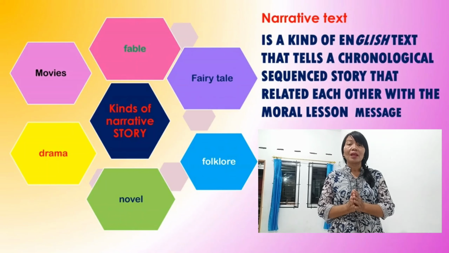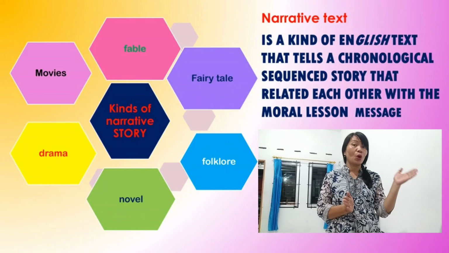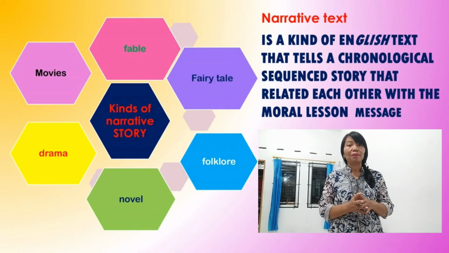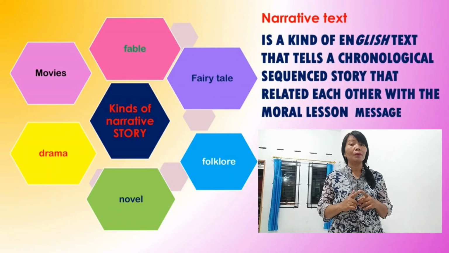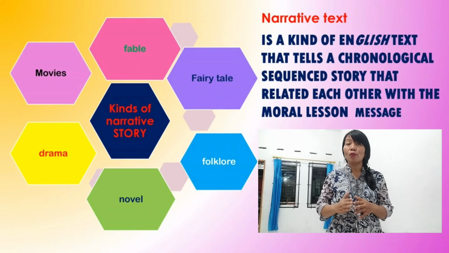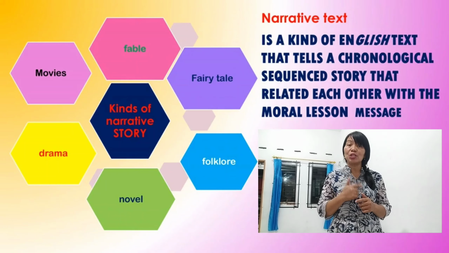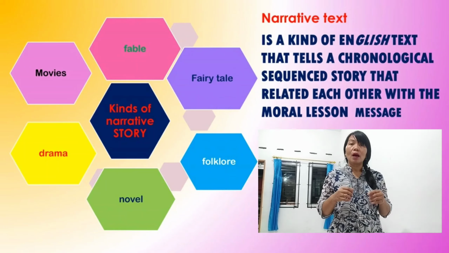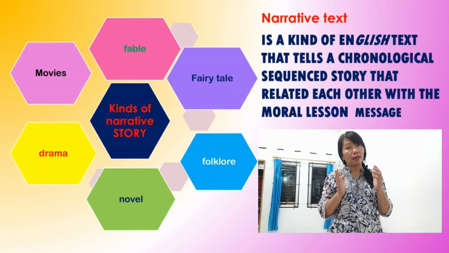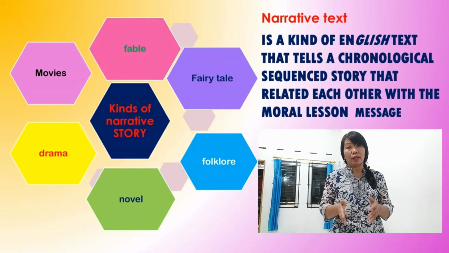And also, today we're going to discuss the kinds of narrative text. Besides, you can see by reading them, the kinds of narrative texts are fairy tale, fable, folklore, novel, drama, movies, short story, legend, folklore and myth also, but the kinds of narrative text cannot all be mentioned here because of the situation of the media.